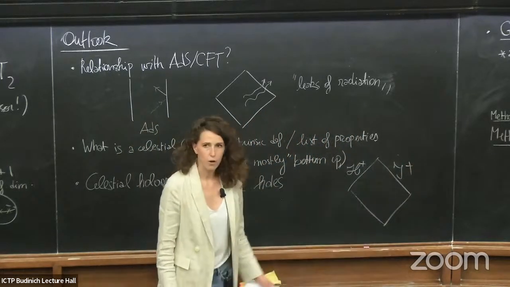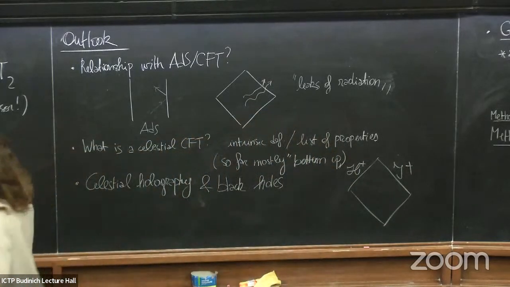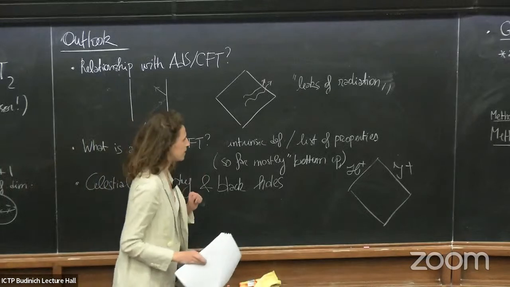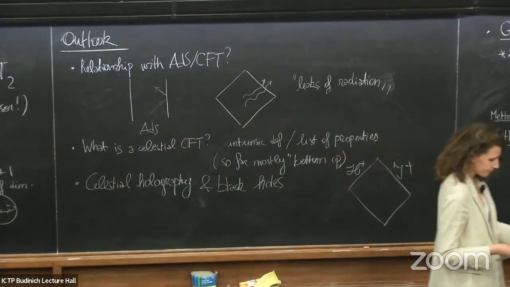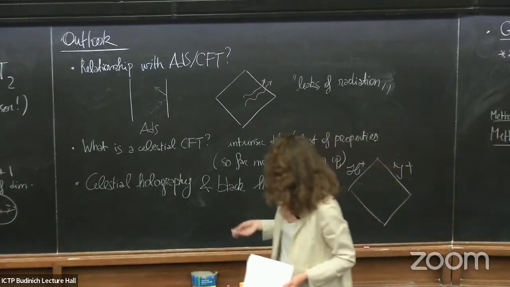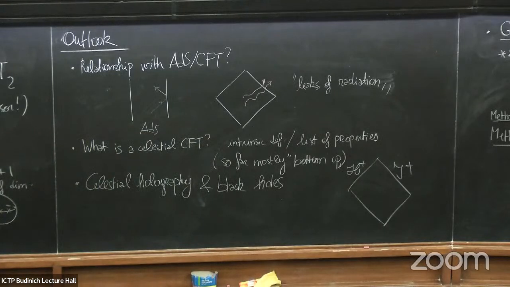In the presence of a black hole, this story is way more complicated. But eventually, I think that this paradigm can really teach us something new in terms of conservation laws. What are the global conservation laws that black hole spacetimes have to obey?